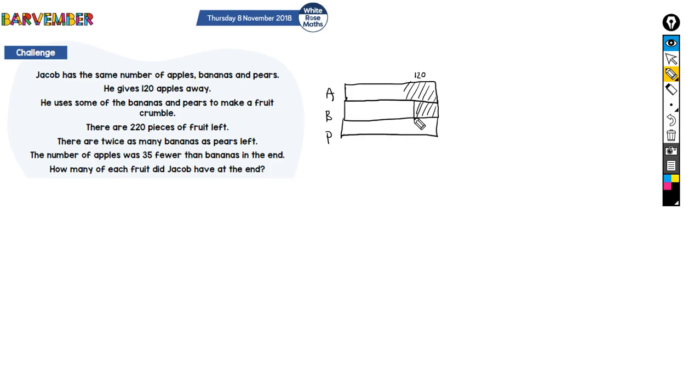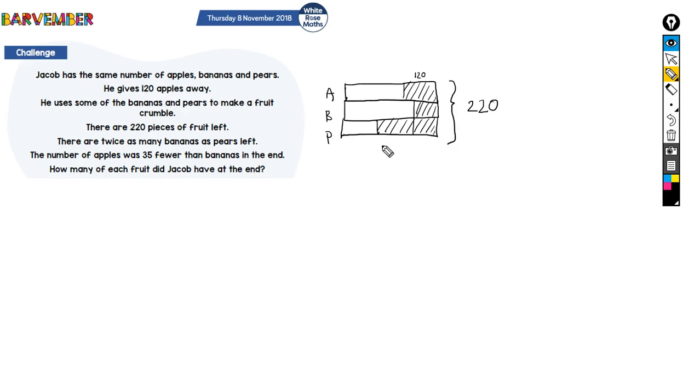So if I do that and that, that's how many pears are going to be left. That's how many pears we used up, that's how many bananas we used up, and that's how many apples have been given away. I don't know what that is in relation to this yet. So when all of that's given away, all of these white, non-shaded bits together are 220. Well, that's what I think.